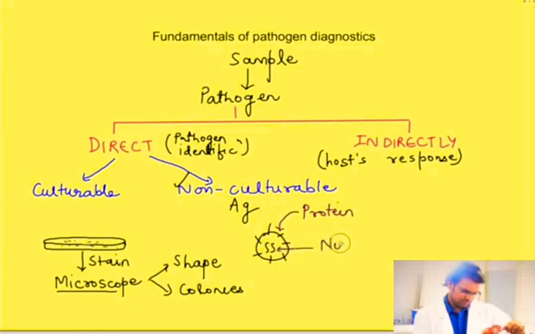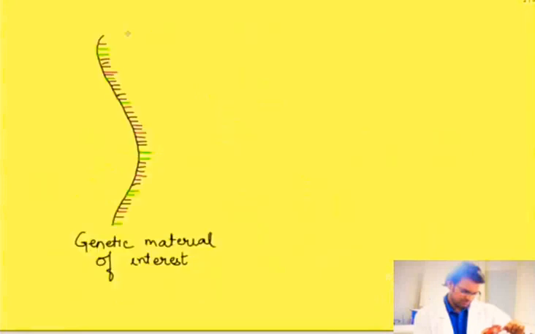Also, these days we can directly detect the presence of pathogen nucleic acid. That is, we can do the genetic test. For this, first is detection of the genetic material of interest. So, some complementary sequences of nucleic acids to the genetic material of interest, known as primers, are added, which will attach to the nucleic acid of interest.